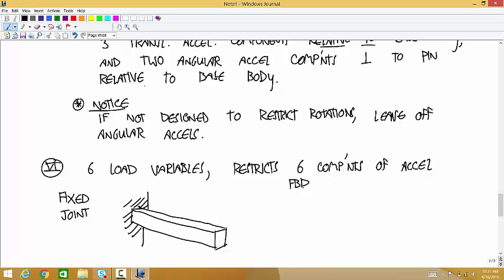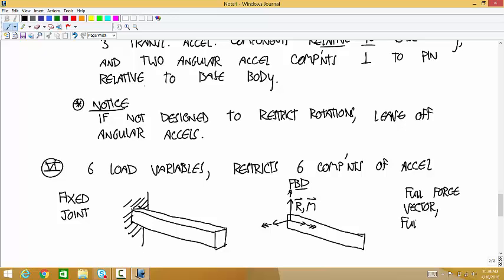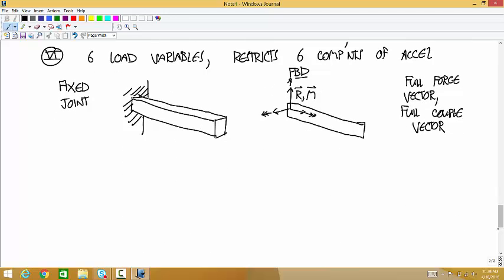So a free body diagram, you have a full force vector and a full vector of couples. And all accelerations are restricted relative to the base body.